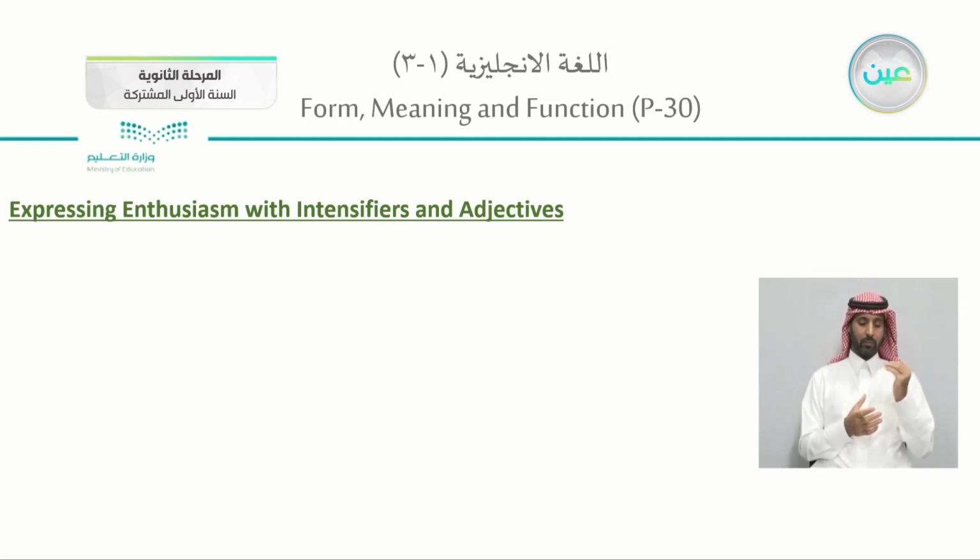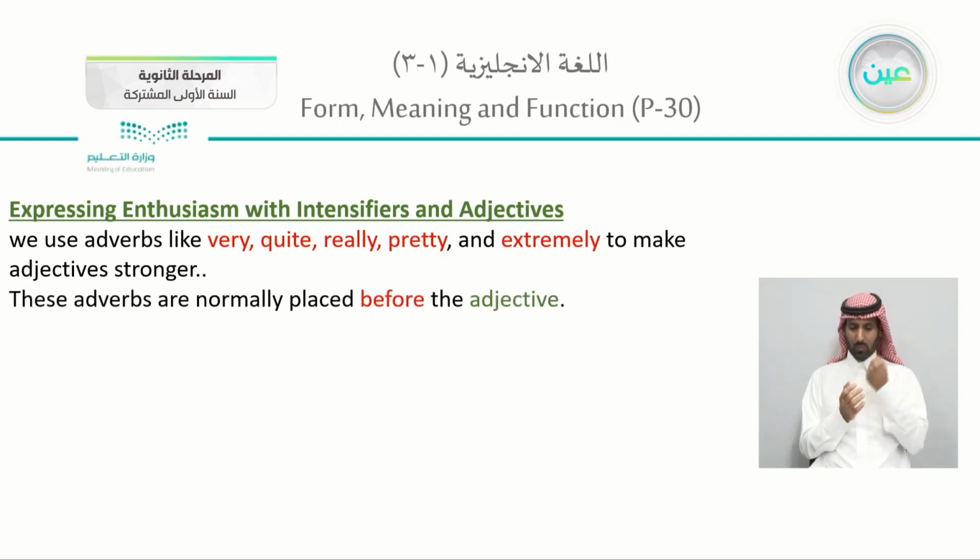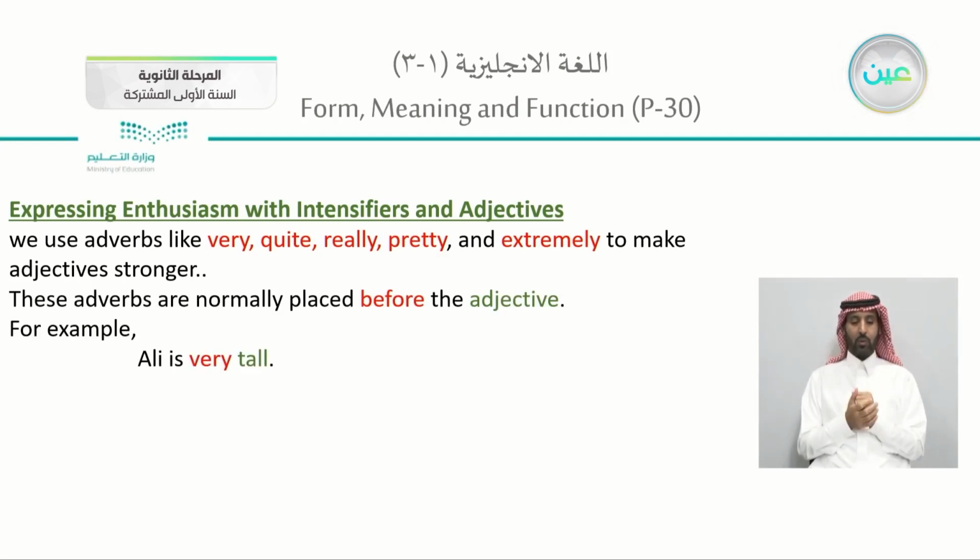Here, expressing enthusiasm with intensifiers and adjectives, your book's page 30. We use adverbs like very, quite, really, pretty, extremely to make adjectives stronger. These adverbs are normally placed before the adjective. Pretty good, really hungry. For example, Ali is very tall.